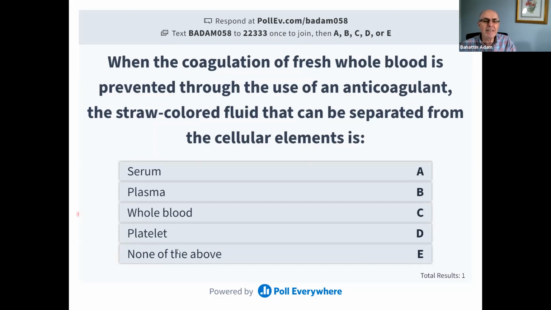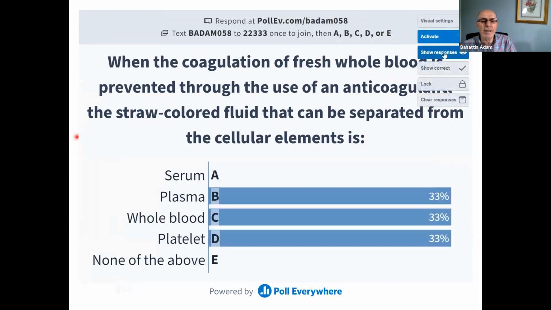Okay, the supernatant, the fluidic part of the sample. Let's see what it says.